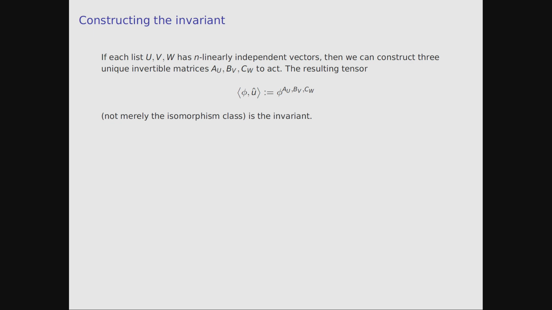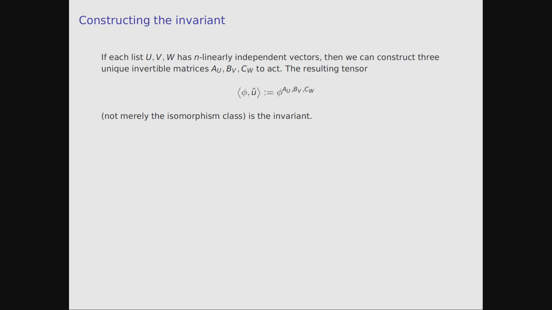Essentially, what happens is that I have to quotient out by the center, which happens to be a product of diagonal groups, and all this can be done. So the short answer is, if I take phi and a corank 1 u, and I do this procedure, and unless I'm unlucky, I get a unique tensor, which is bracket phi comma u, right?